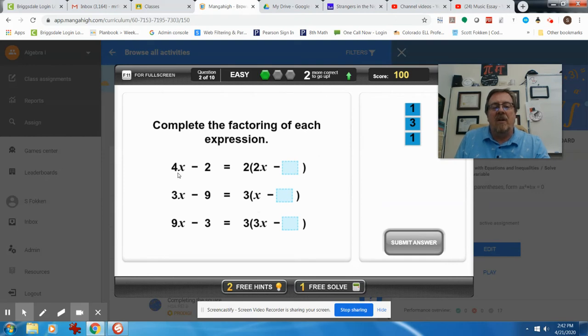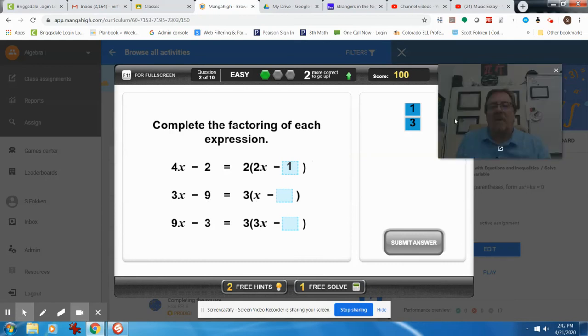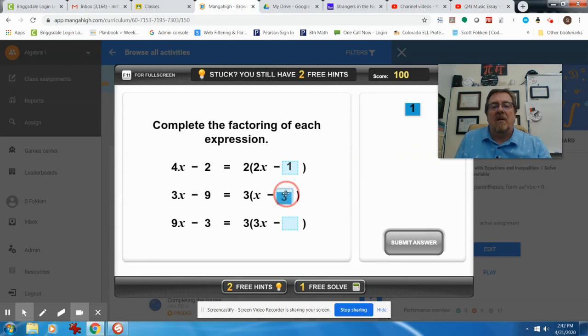All right, so if I had 4x minus 2 and they took a 2 out, we have to take 4x and divide by 2 to get 2x, and then we take negative 2, divide by 2 to get negative 1. Here we're going to take a 3 out. 3x divided by 3 is just x, and then negative 9 divided by 3 would be our negative 3 here.